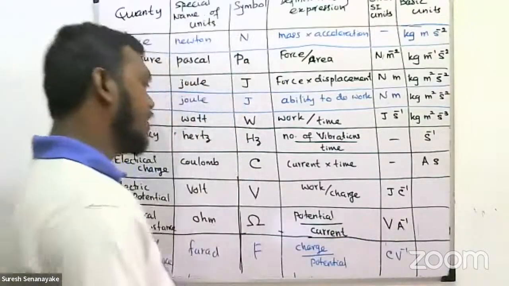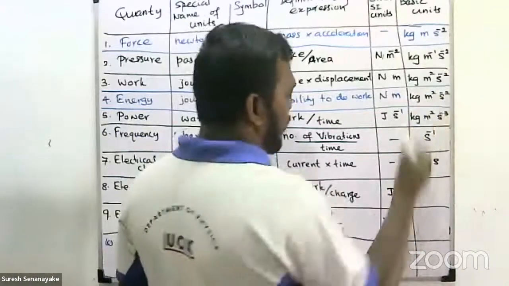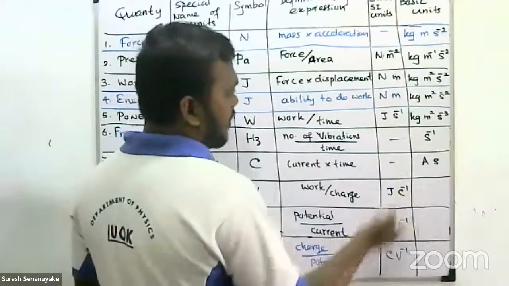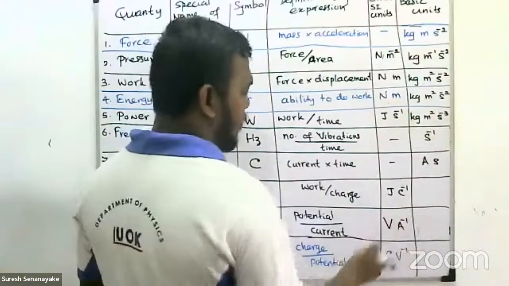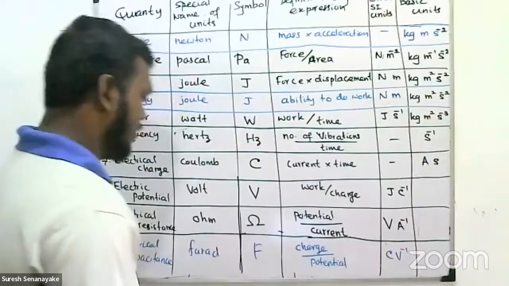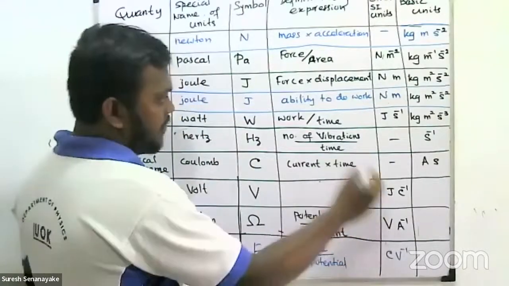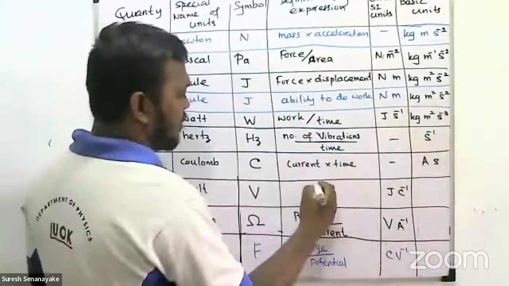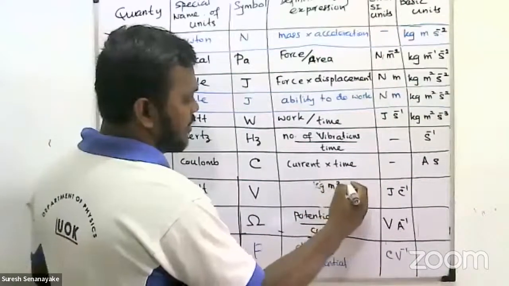So this per ampere second you can write. How can you write it? The work is measured in this unit, kilogram meter square second minus 2.